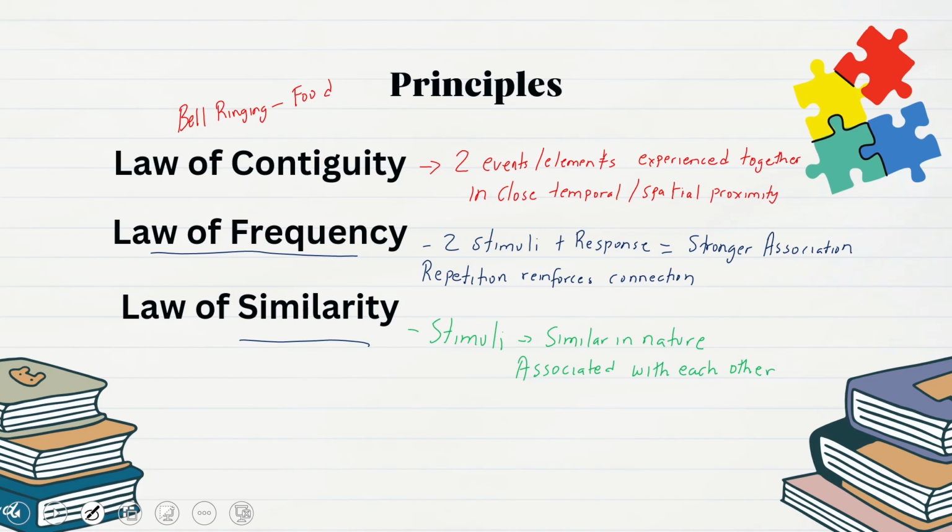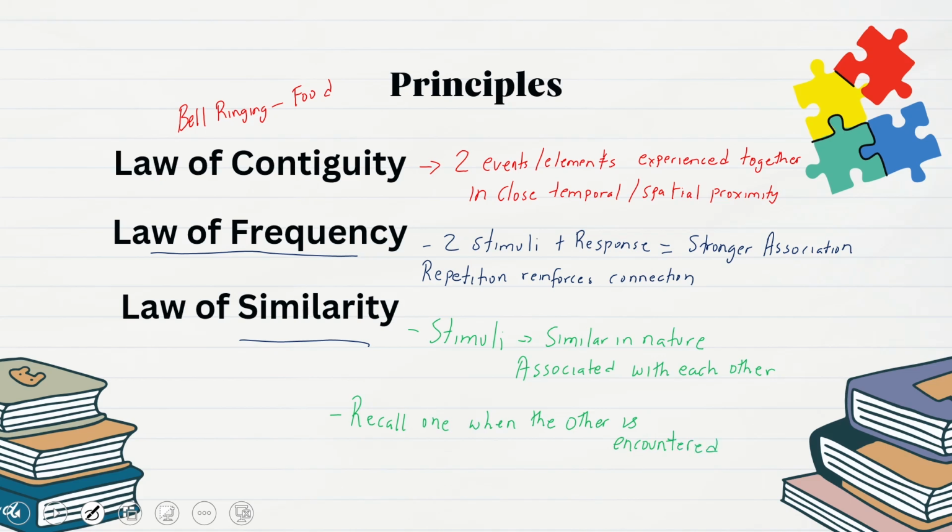So when two ideas or experiences resemble each other, the mind makes a connection between them, and therefore it makes it easier to recall one when the other is encountered. So let's take an example here.